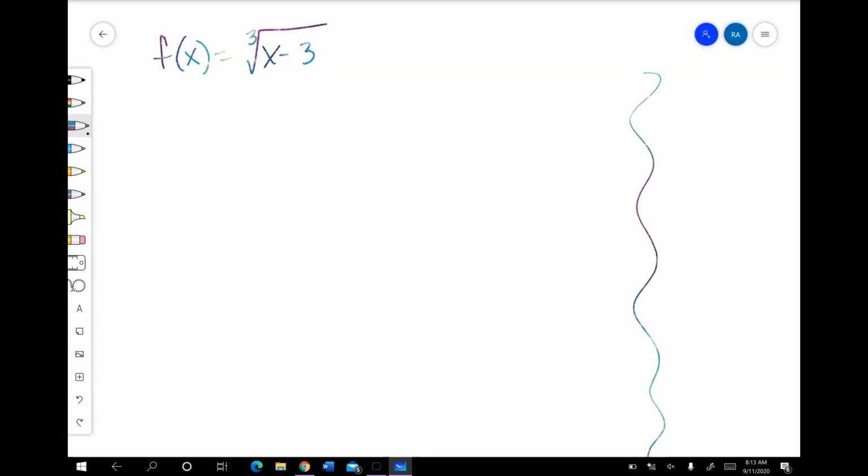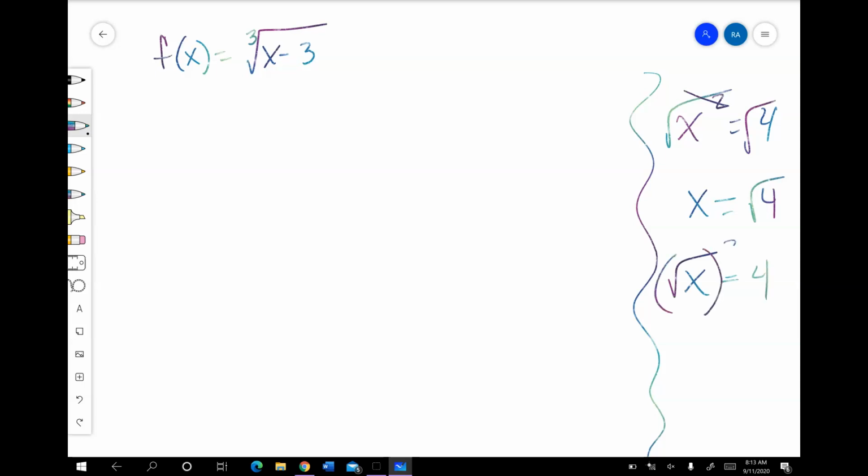Okay? So we'll do another side note over here. If I gave you x squared equals 4, we know the square root gets rid of that x squared, correct? And we leave this with x equals the square root of 4. If you have the square root of x equals 4, you do the opposite. You're going to square both sides, so x would equal 16.